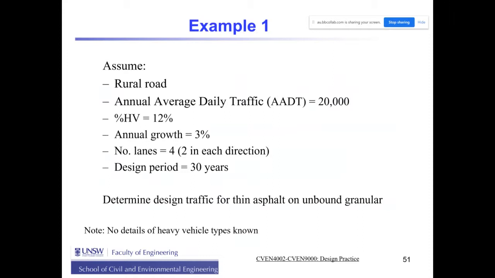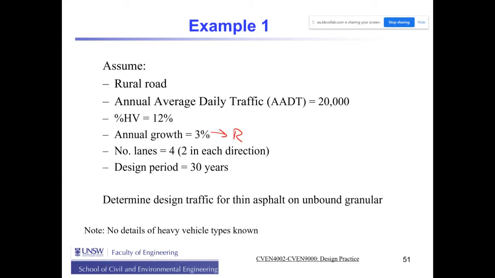So let's assume that we have one rural road. We want to design, for example, pavement, and we want to determine the design traffic for a rural road. The annual average daily traffic is 20,000. The percentage of heavy vehicles is 12%. The annual growth is 3%.